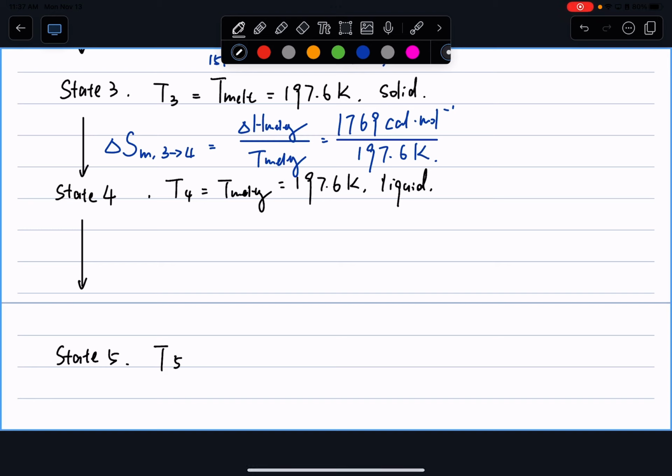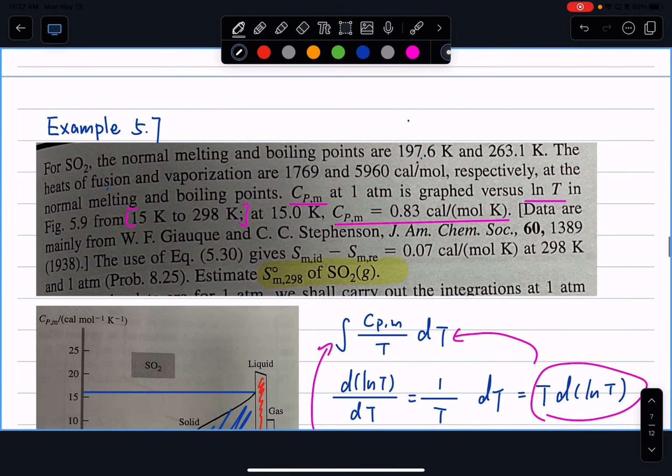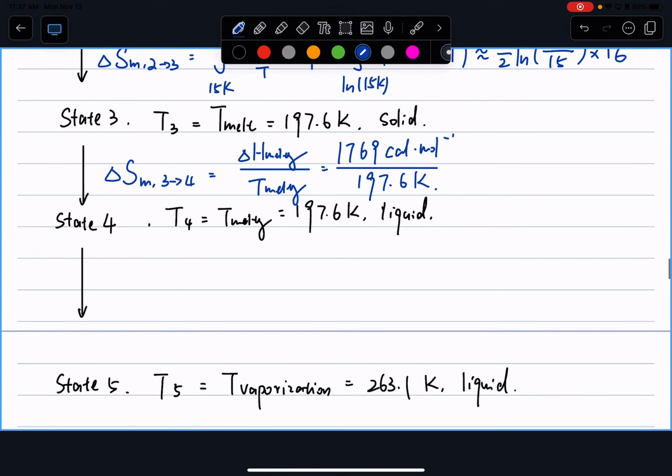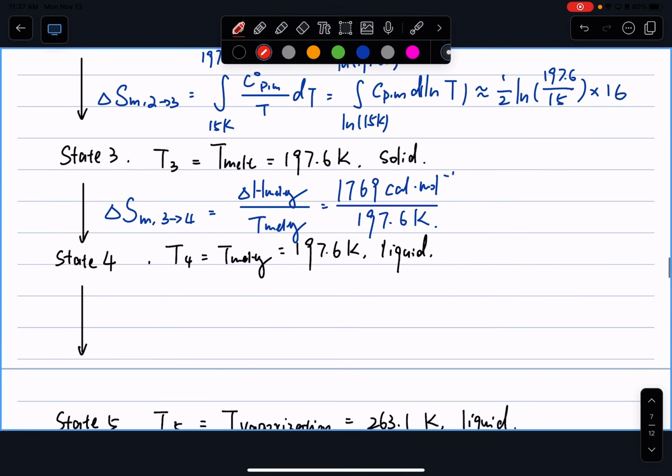Now your T5 equals your vaporization temperature, and that is 263.1 Kelvin. And we're still in liquid phase. And this, again, is evaluated by that area below the curve. So that is between 4 to 5.